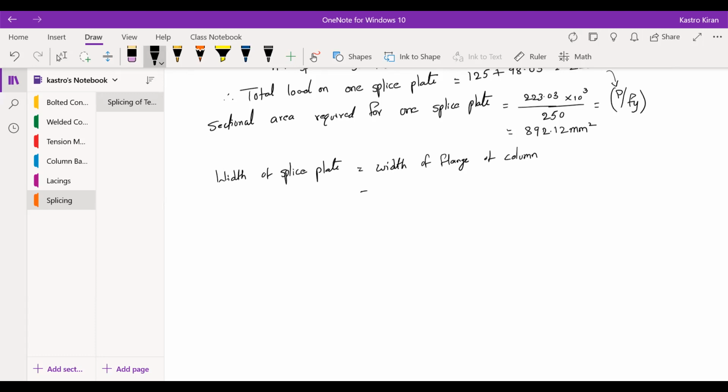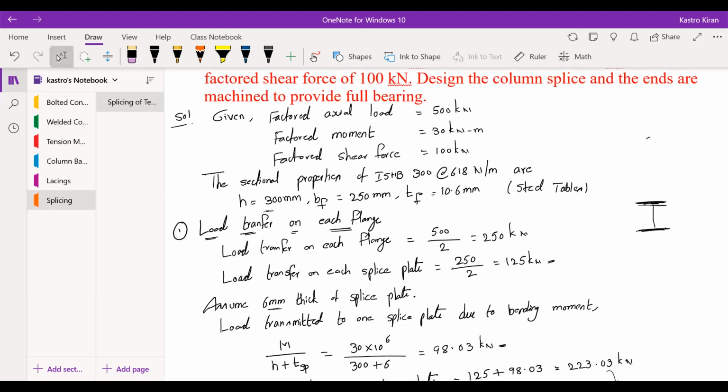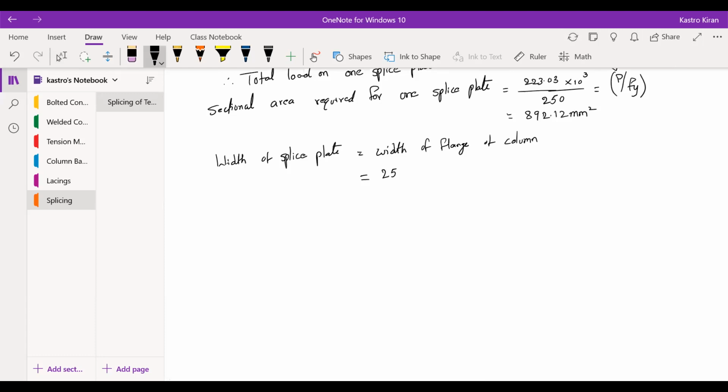So what is the width of flange of column? It is 250 mm. So therefore, the splice plate width is also 250 mm. So remember, the width of splice plate is actually taken as width of flange of the column section, that is BF value. So therefore, BF width of the splice plate is equal to 250 mm.